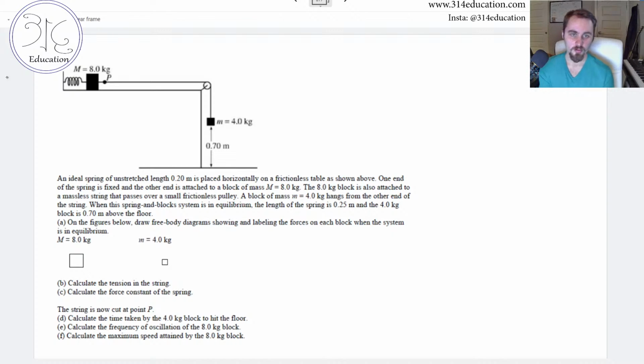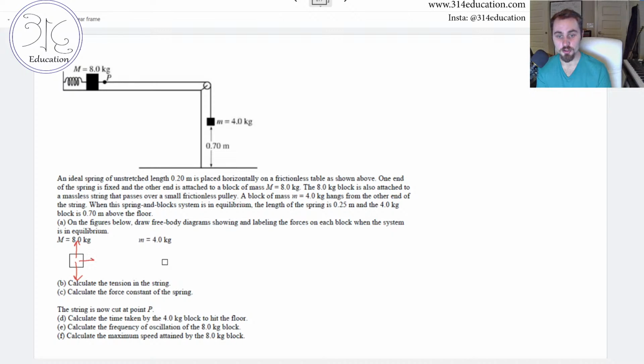So, on the figures below, we want to draw our free body diagram. Let's start with our big mass. We have gravity. We always have gravity acting on us, pretty much always, unless we're in a vacuum with absolutely nothing else around, but that's a kind of unlikely scenario. We have a normal force, because we're sitting on the surface, pushing us upwards.